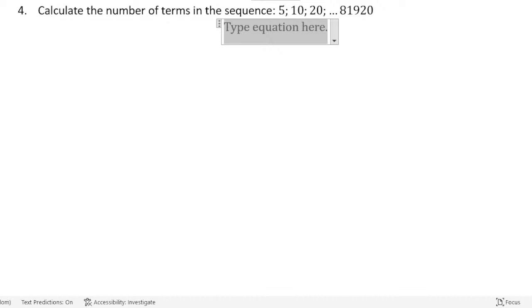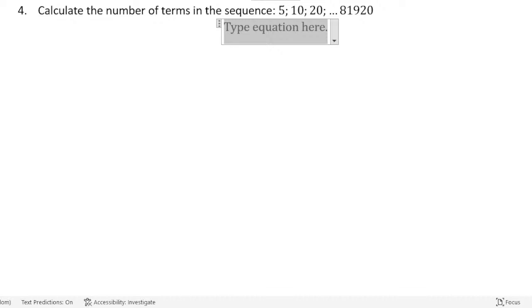By observation you can tell this one is a geometric sequence. How? You say 10 divided by 5, that is 2, and 20 divided by 10, that is 2. That is the value of r. r is equal to 2.